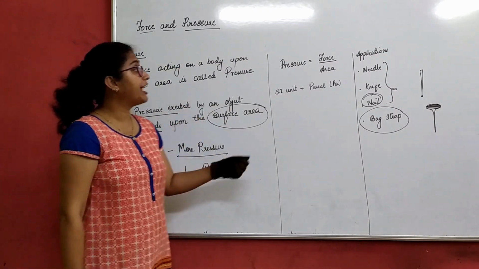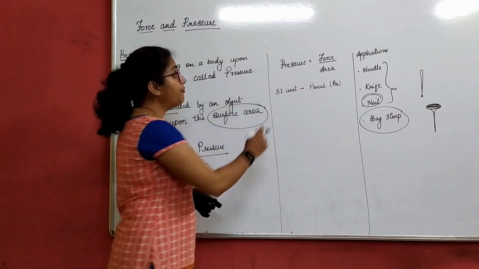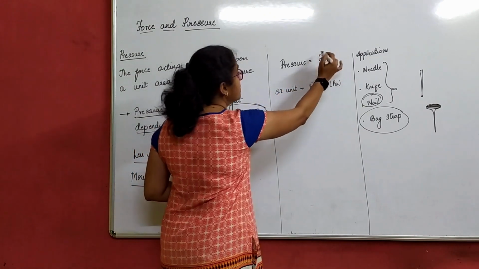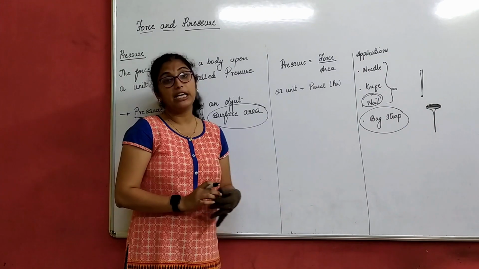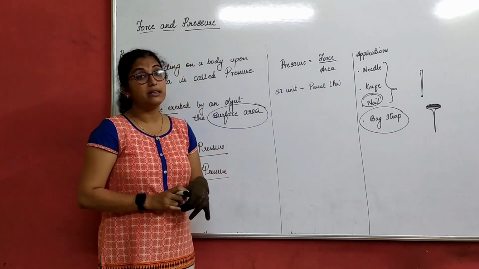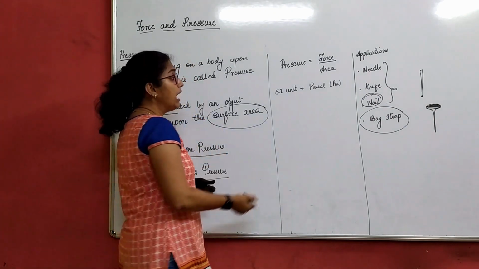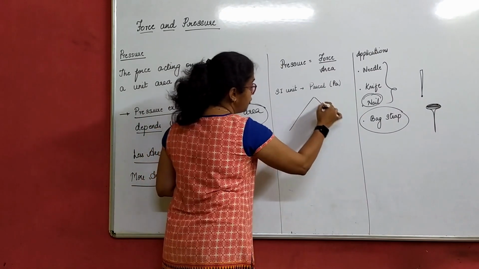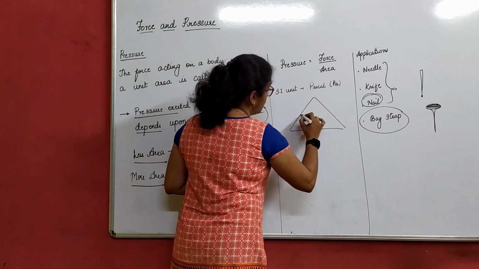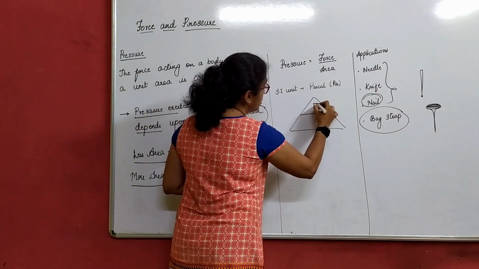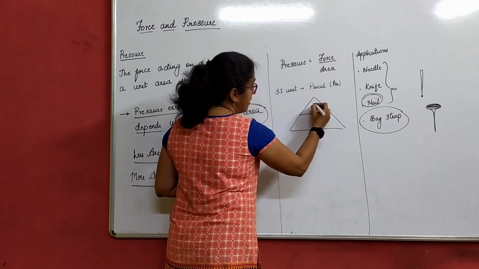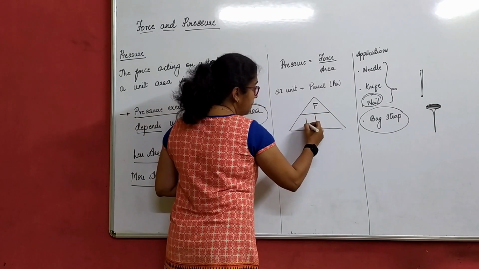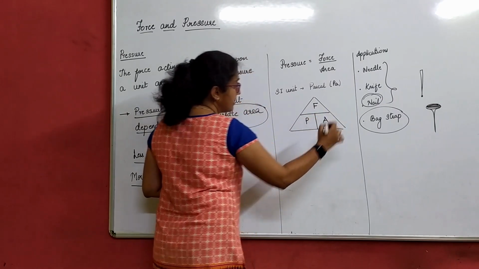So let us write pressure as force exerted upon a unit area. The SI unit of pressure is called the Pascal. Now another simple way to remember the formula: I write force as F here, and divide this into force, pressure and area.